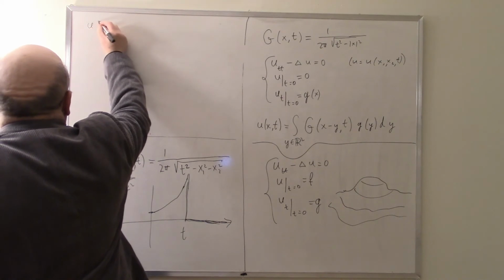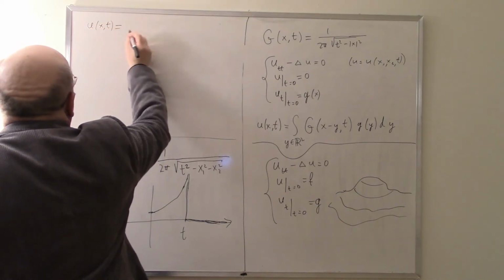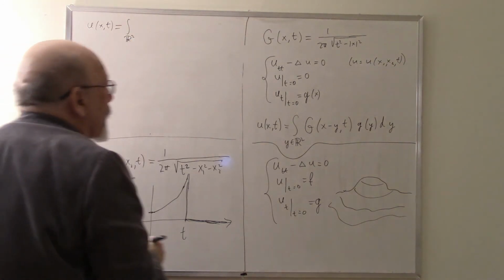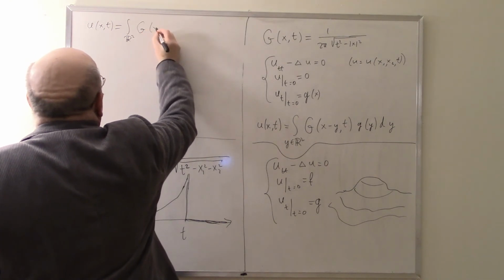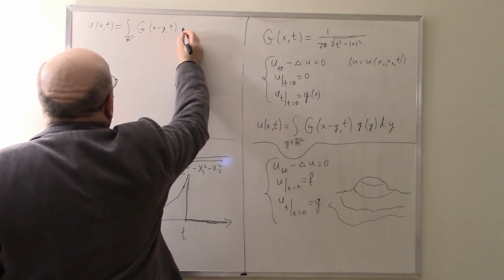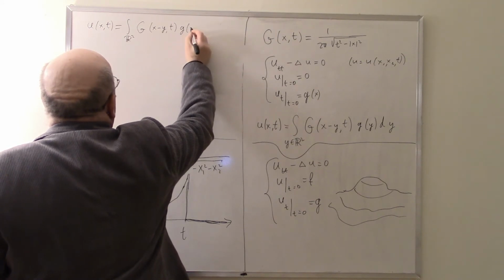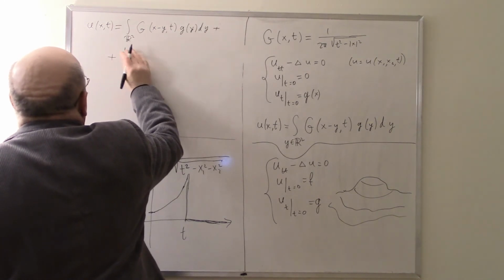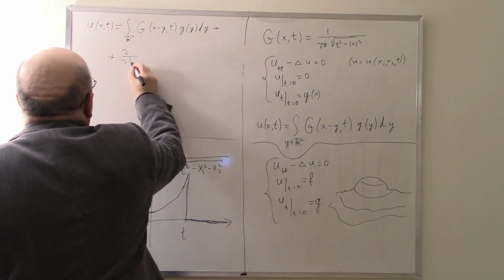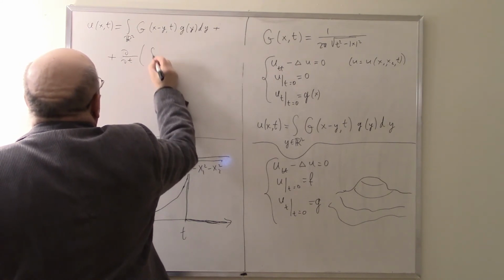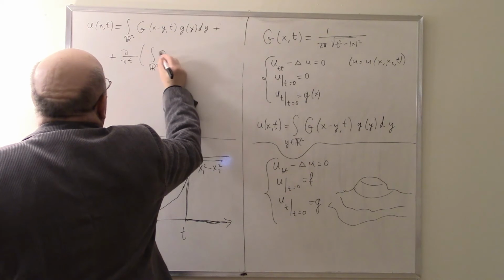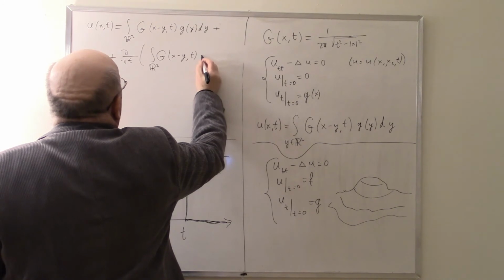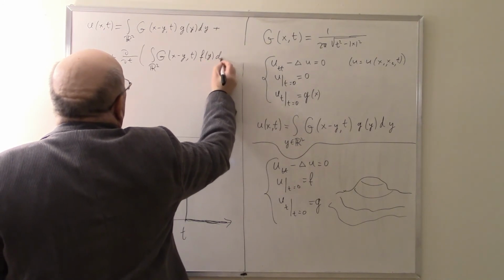So u of x, t equals the integral over R2 of g of x minus y, t, g small of y dy, plus d/dt of the integral over R2, the same function g of x minus y, t, f of y dy.